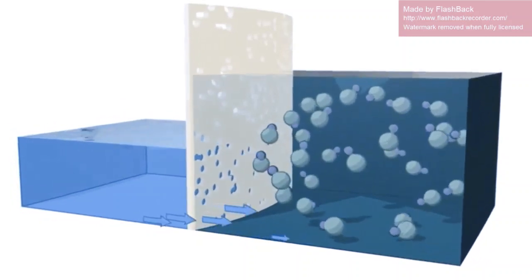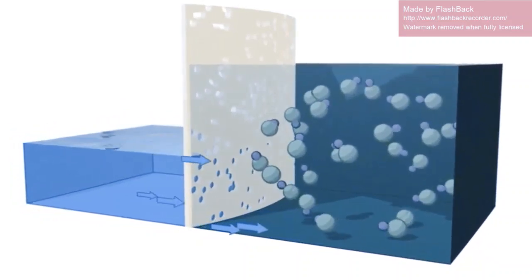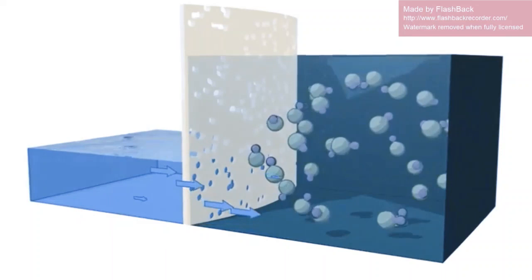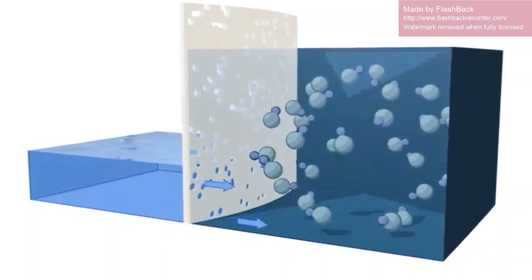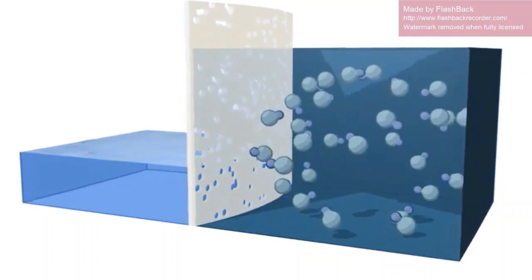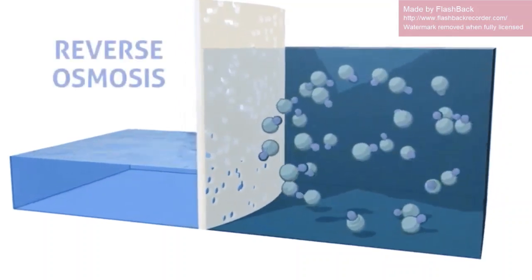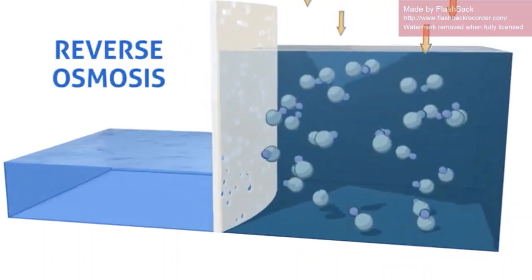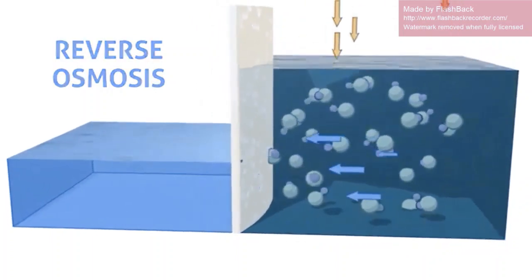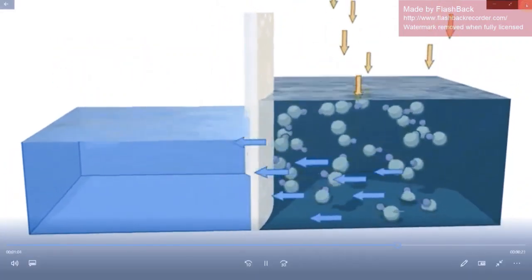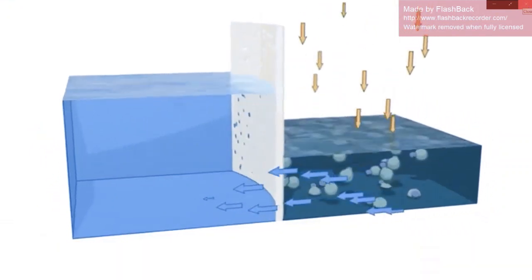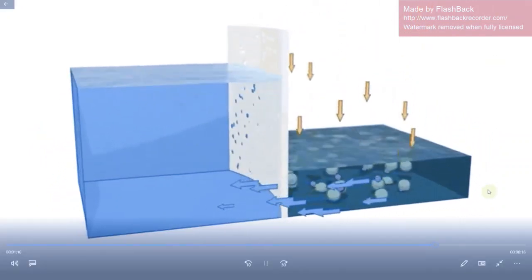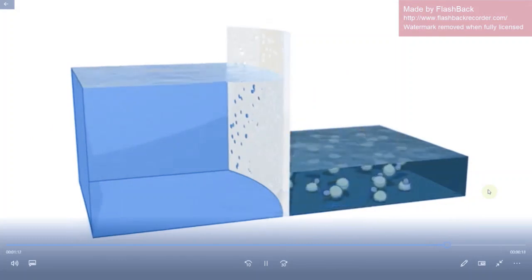That is, the liquid flows from the less concentrated solution, such as fresh water, to a more concentrated solution, such as seawater. When the direction of liquid flow is reversed, it's called reverse osmosis. By pressurizing the concentrated solution, in this case seawater, we are able to force water molecules in the reverse direction, from the salty seawater side through the membrane to the freshwater side.